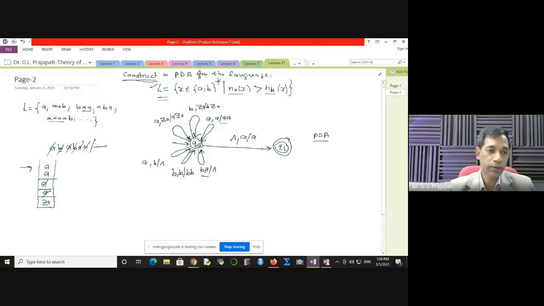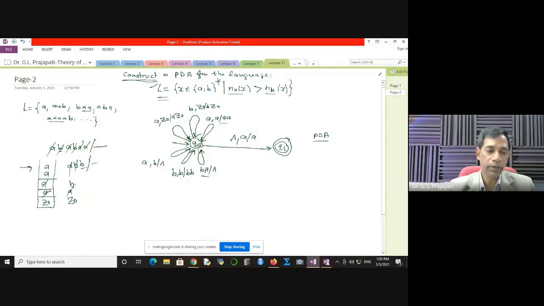If your input exhausts, like you have A, B, B, at the bottom you have the Z0. When you push it, this is A. When you read this input, alternate combination, input is B and top is A, delete it. Then you have B, Z0, top is B, input exhausts.